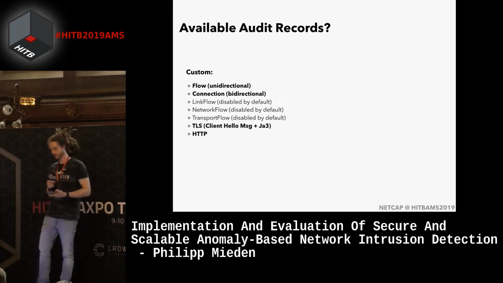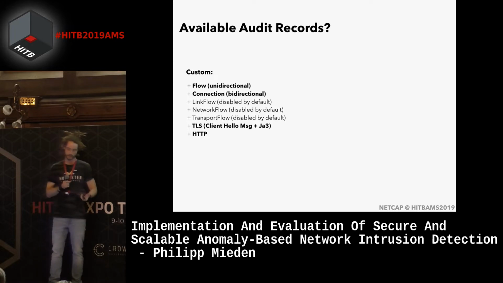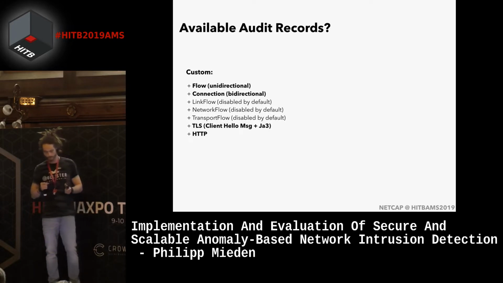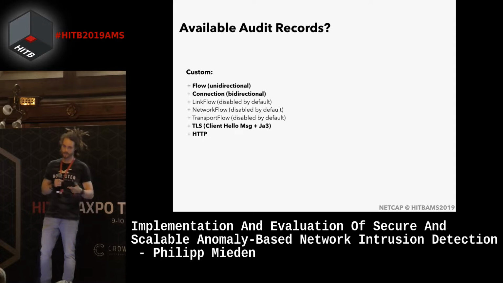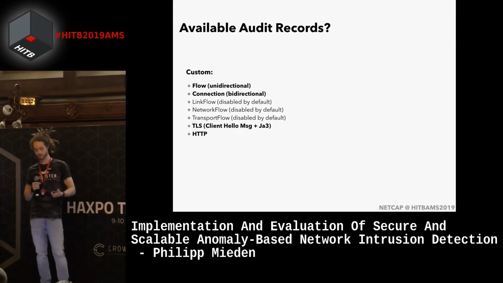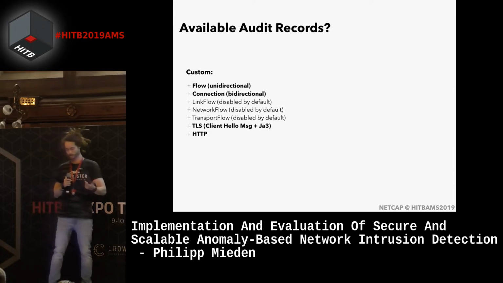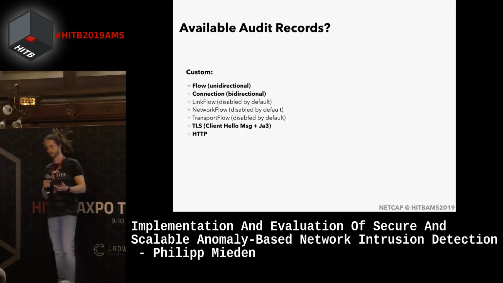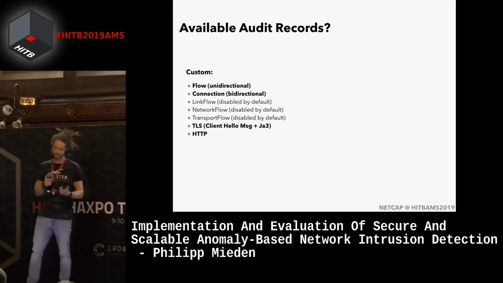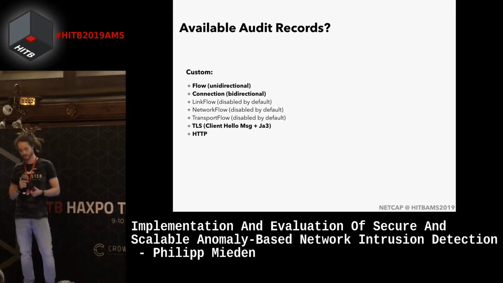So let's talk a bit about the audit records that you can get. I'm dividing here between two things: the layer types and the custom audit records. For the custom audit records, currently I have a flow model, which is just a unidirectional connection. Then the connection type offers the same fields as the flow, but it's bidirectional.